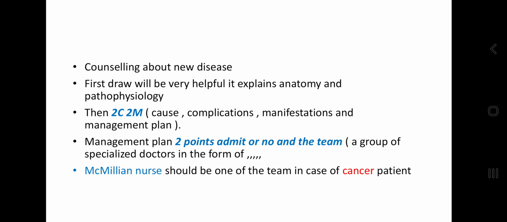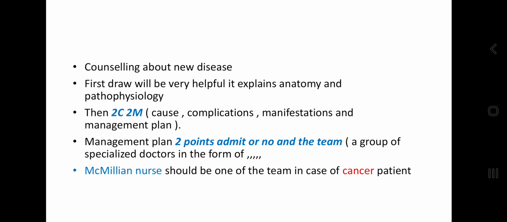So it will be counseling about a new disease, or sometimes it comes as counseling of a new disease alone. The best is if you can draw, because you will save some time, and this will be helpful in explaining the anatomy and the pathophysiology. Then the C and the M: cause, complication, manifestation and management plan. The management plan will be divided into 2 points.